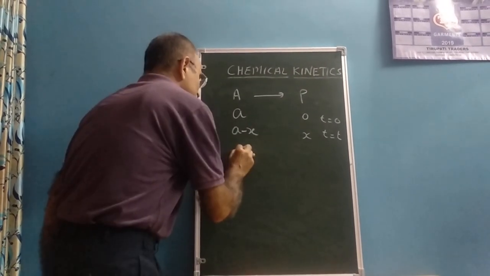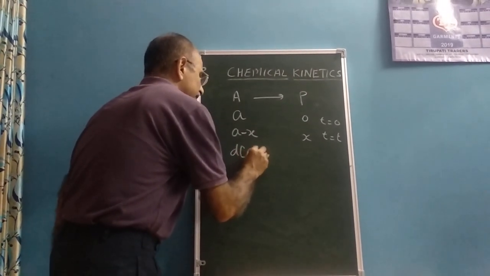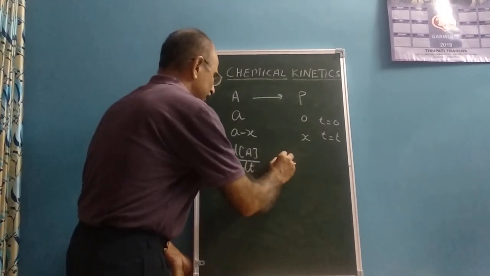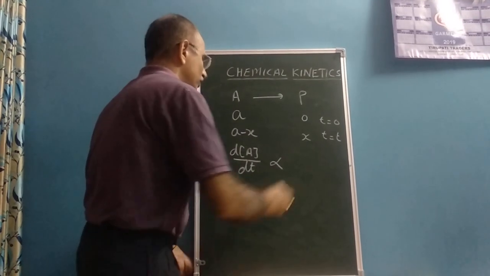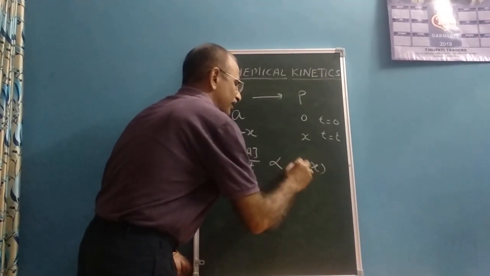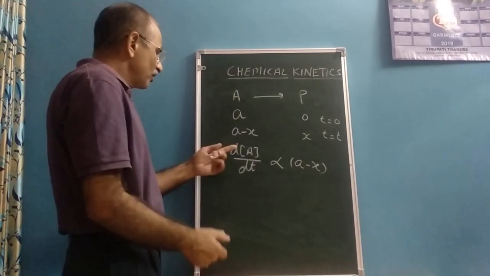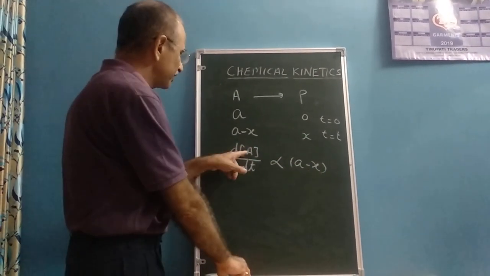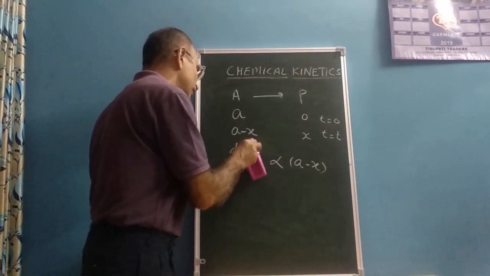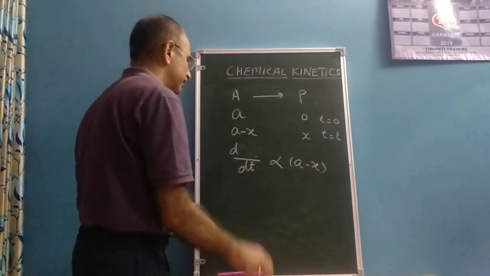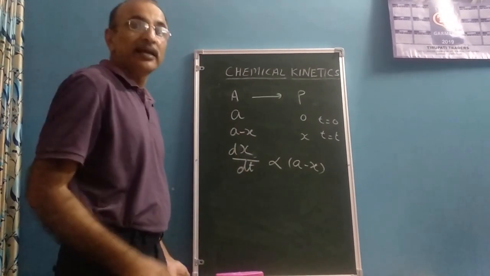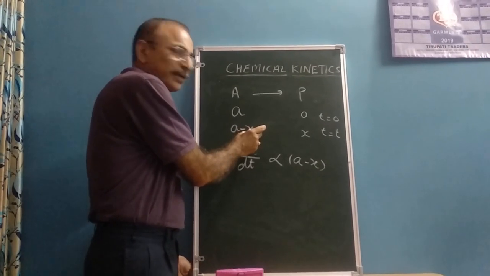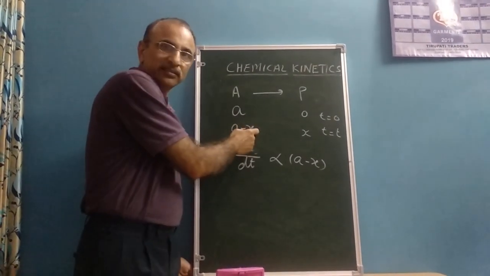In this case, we can write the rate of reaction dA by dt as directly proportional to the amount of reactant left. Since the variable here is x, instead of writing dA, we write dx by dt as the rate of reaction. Here A is not variable, x is variable, because as x increases, A minus x decreases.